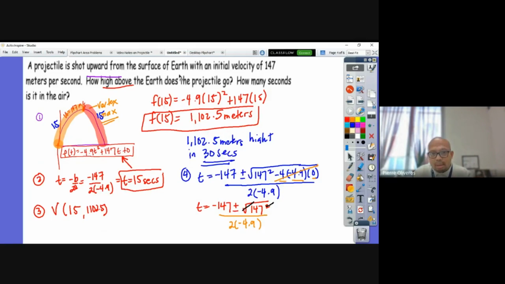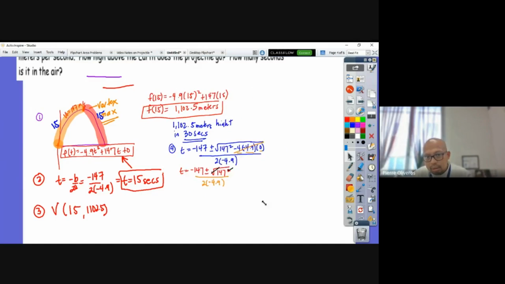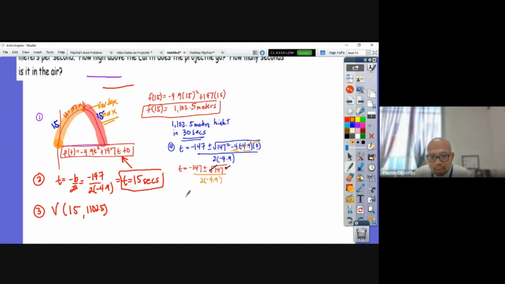So let's make this smaller here. Let's have some room. So that means now we have t equals negative 147 plus 147 over negative 9.8, am I right?